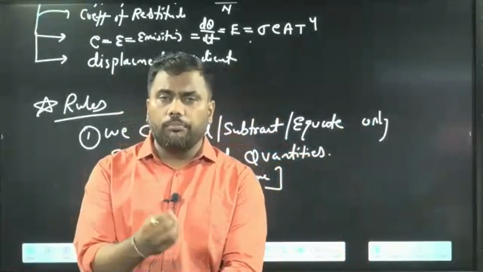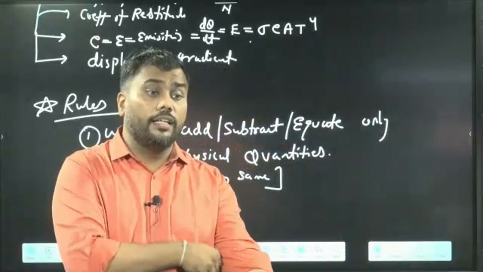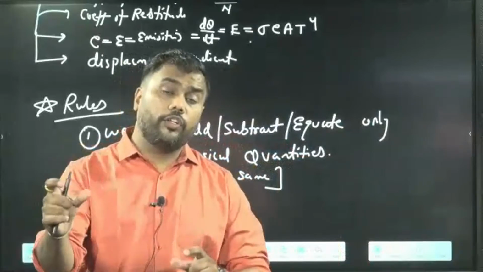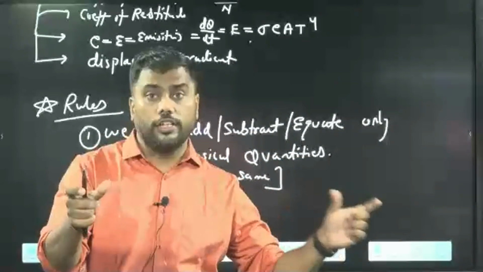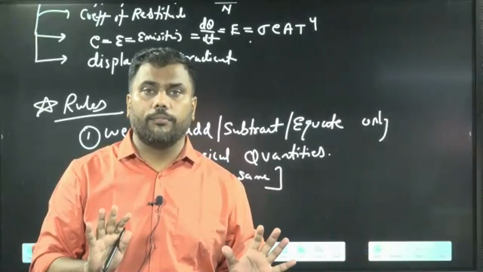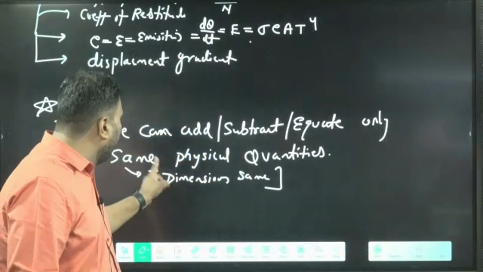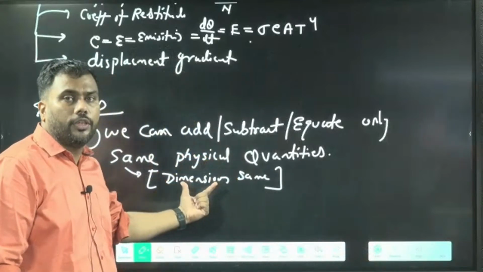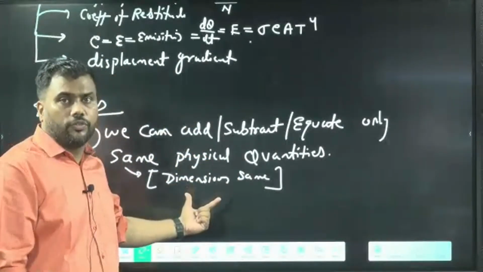But this is not a complete sentence, because in that way I could equate torque with energy. Torque and energy have the same dimension, but these are different physical quantities. Actually, I cannot equate them. But if I write that I can equate physical quantities of the same dimension, then that statement becomes wrong.